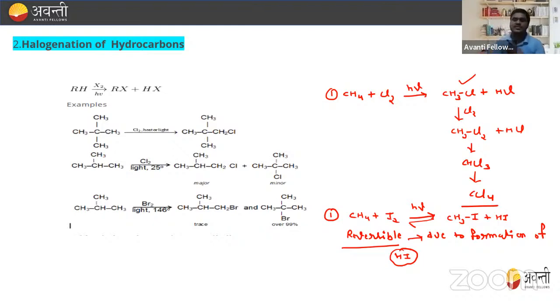So due to the formation of HI, this reaction becomes reversible, and we have to add an oxidizing agent, right?